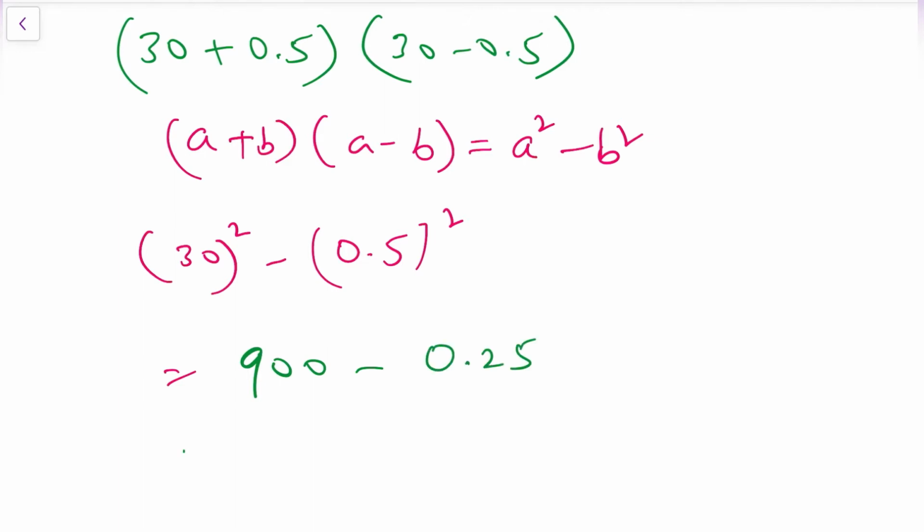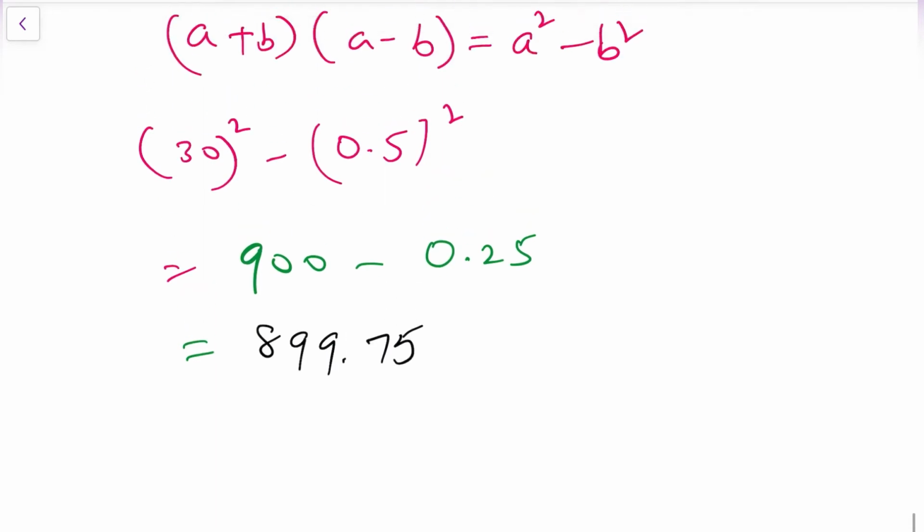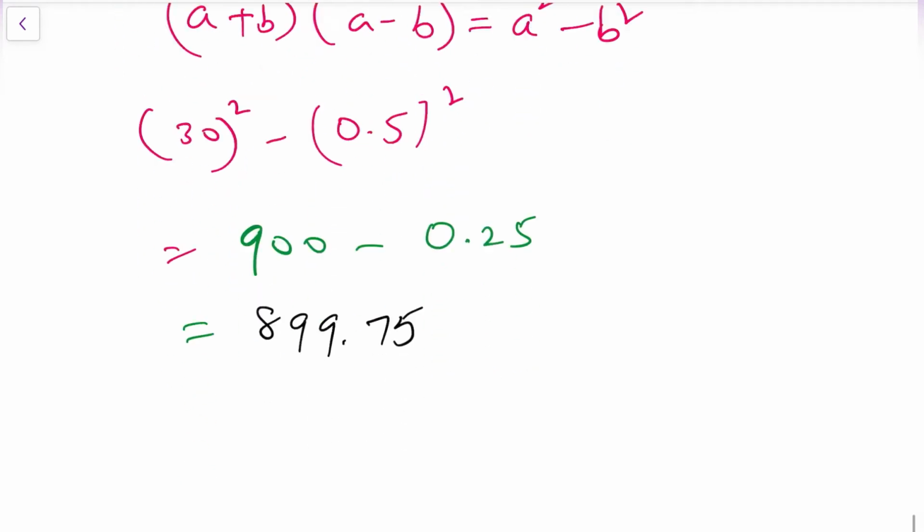So from 900 we need to subtract just 0.25. 899.75. By this problem, second bit completed. Now let us move to the third bit.